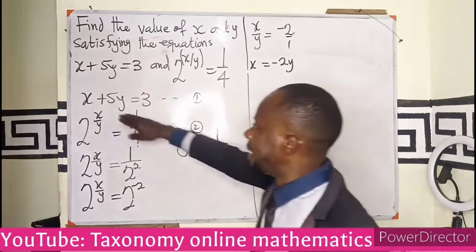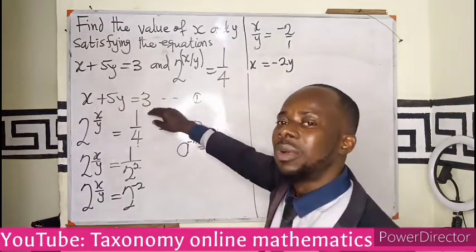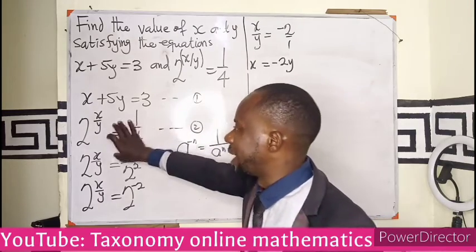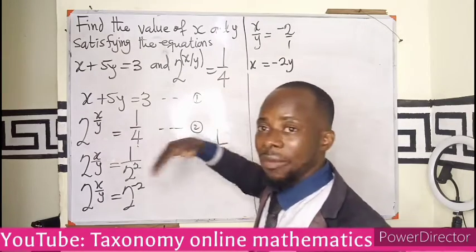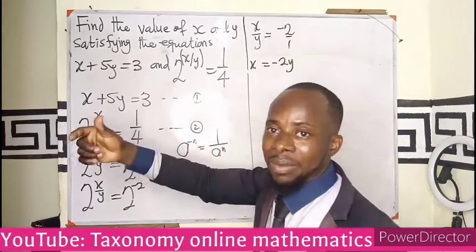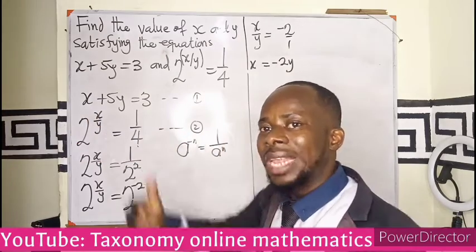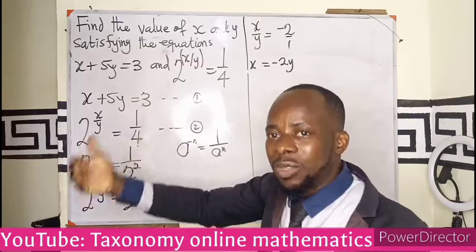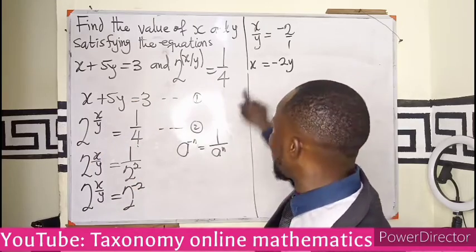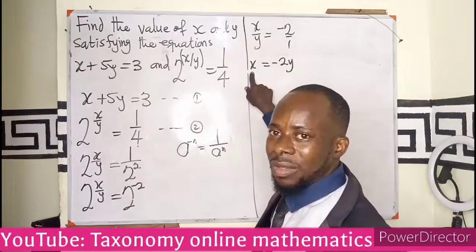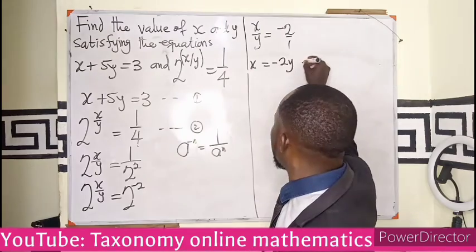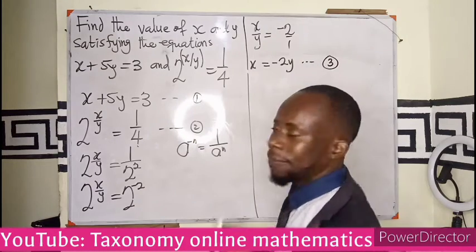So that is a linear equation. If we had an equation that is not exponential, we could use the substitution method, making x or y the subject, then substitute into one of the equations. I can see that x is already the subject, so I've taken this as my equation 3.